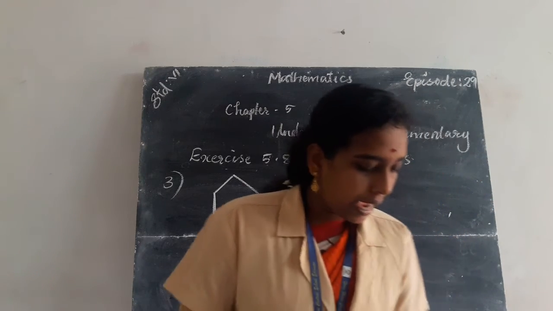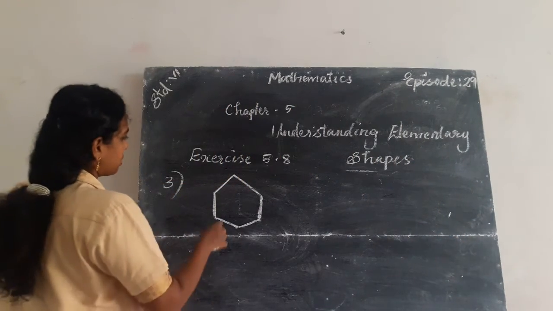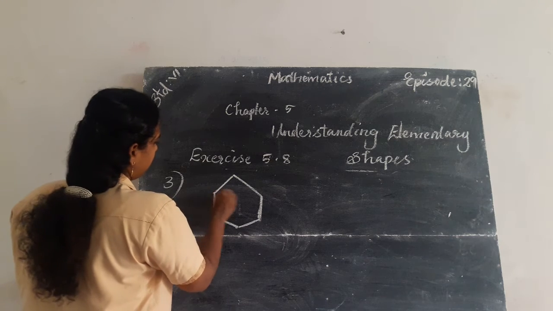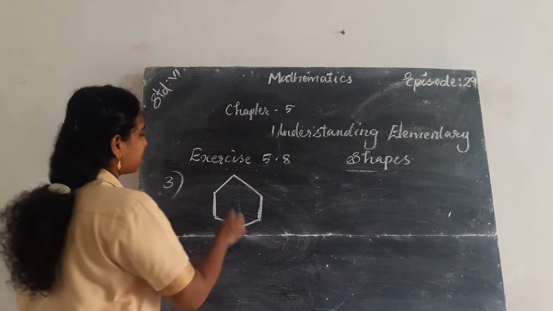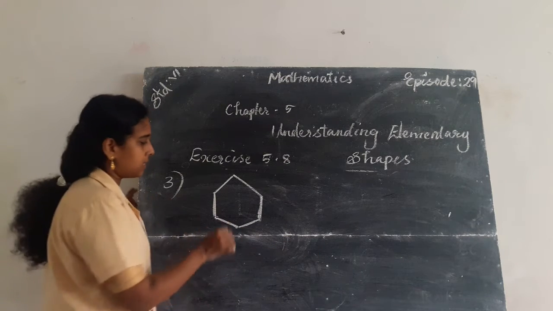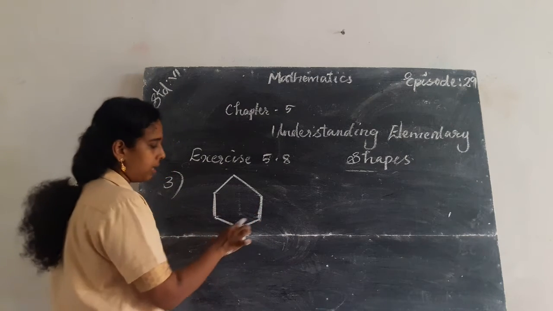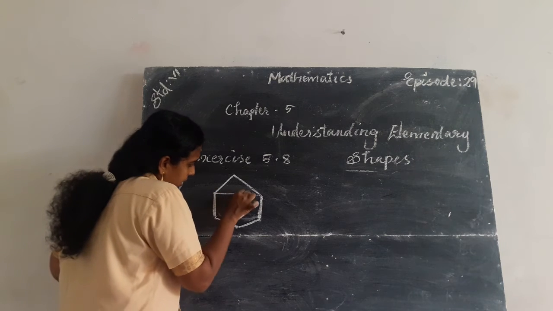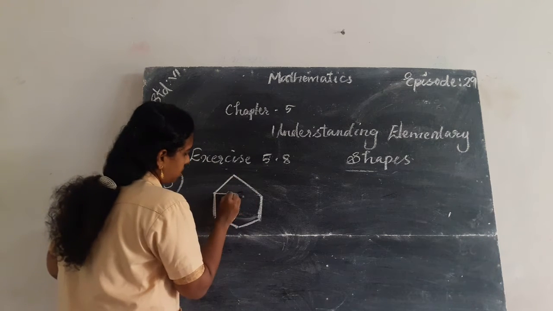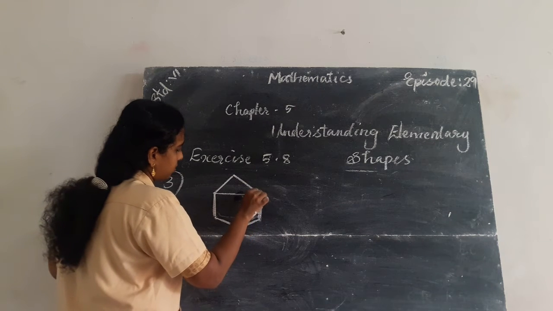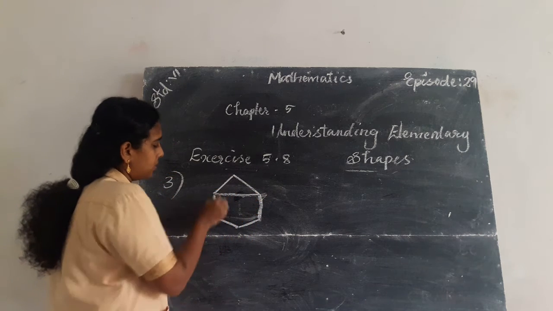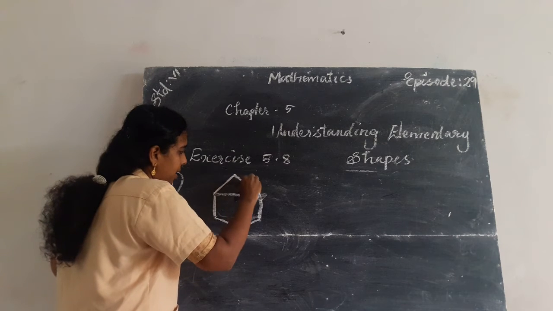And here, connecting any 3 of its vertices. Which are the vertices? These are the vertices of the polygon. So connecting any 2 vertices like this or like this. To connect 2 vertices, we get a triangle like this.